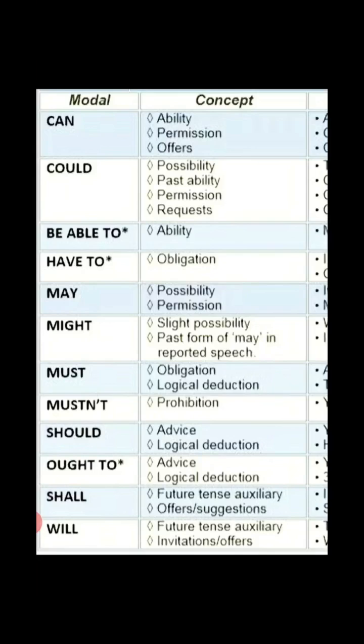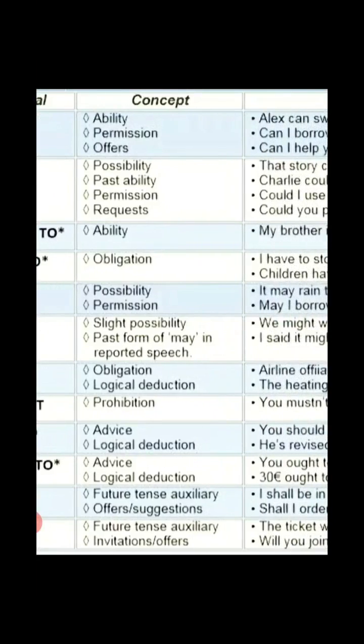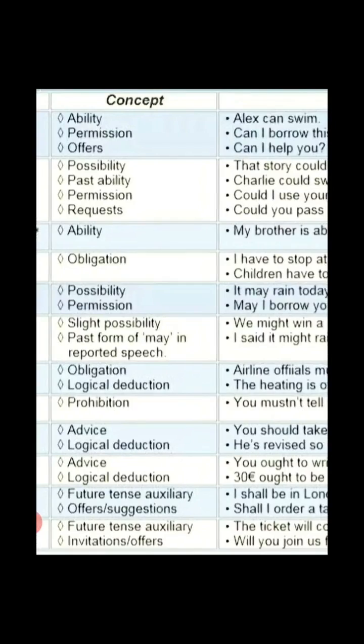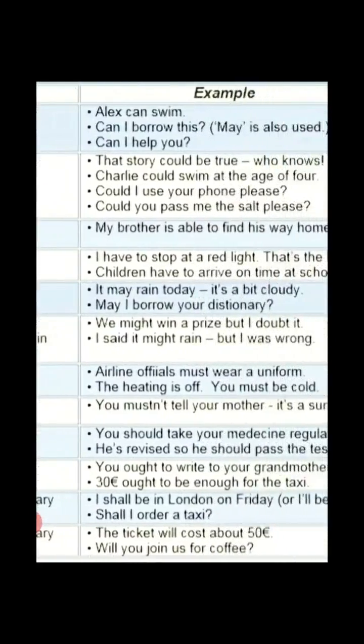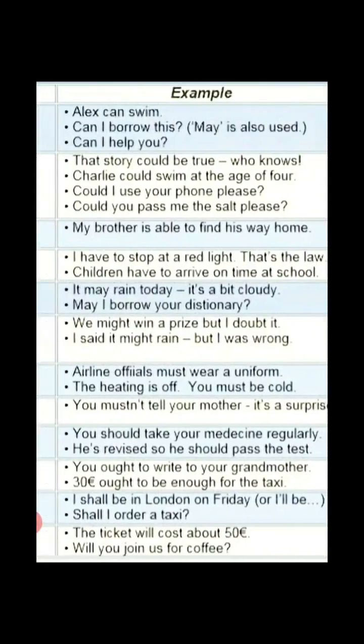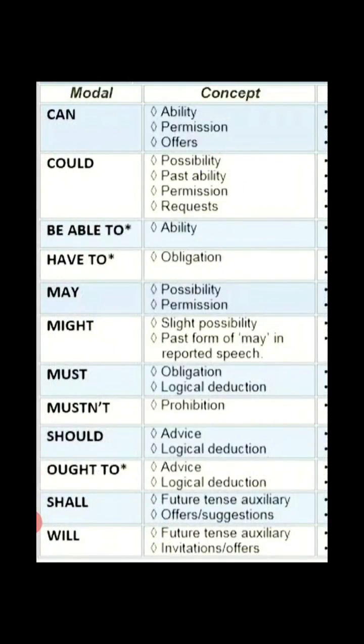Next, mustn't or must not. Prohibition. So prohibition is expressed through the word mustn't. You mustn't tell your mother. It's a surprise. Next, should.